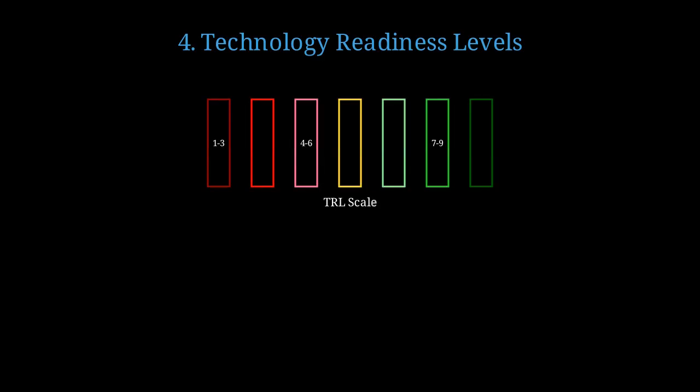Before commercializing, you need to understand where your technology stands in terms of readiness for market. Technology Readiness Levels, or TRL, range from 1 to 9. Early stages are basic research, middle stages are prototyping, and high levels mean market-ready products. TRL levels 1 through 3 represent basic research, typically conducted at universities and research institutions.